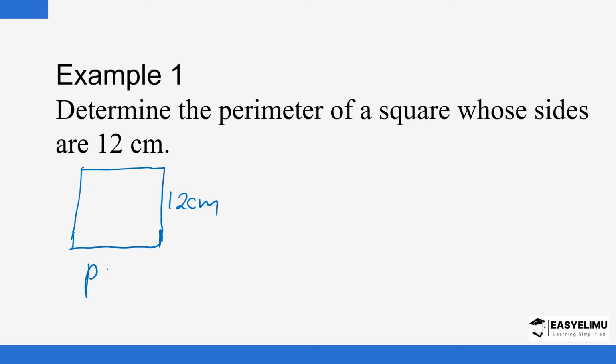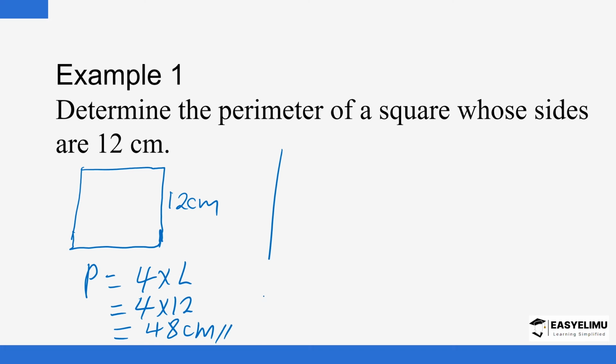How do you find the perimeter? 4 times L, which is equal to 4 times 12. This is going to give us 48 centimeters. So 12 plus 12 plus 12 plus 12 is 48. See how easy that is. So perimeter, the distance all around the figure, you simply multiply the length of one side by 4.